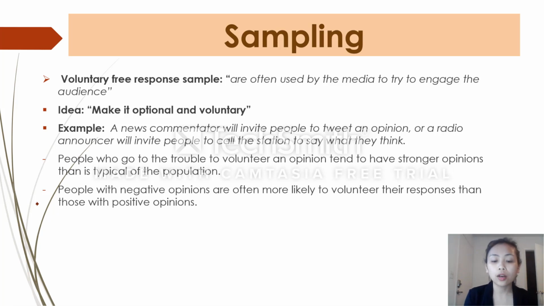Like suppose you go to a supermarket, if you have some negative feeling, the chance that you go to customer service to complain is higher than if you have nothing to complain about. So usually people with negative opinions are more likely to volunteer their responses.